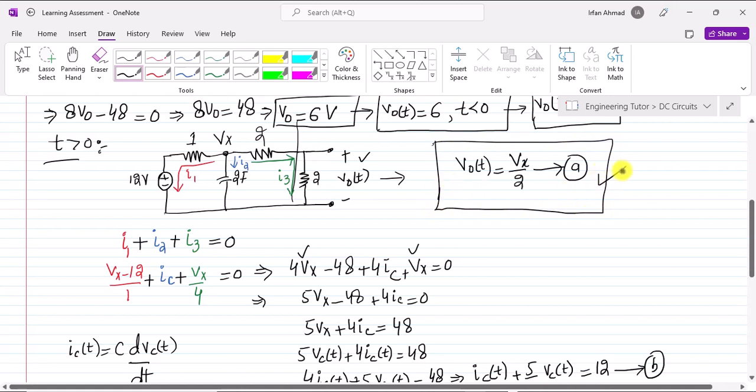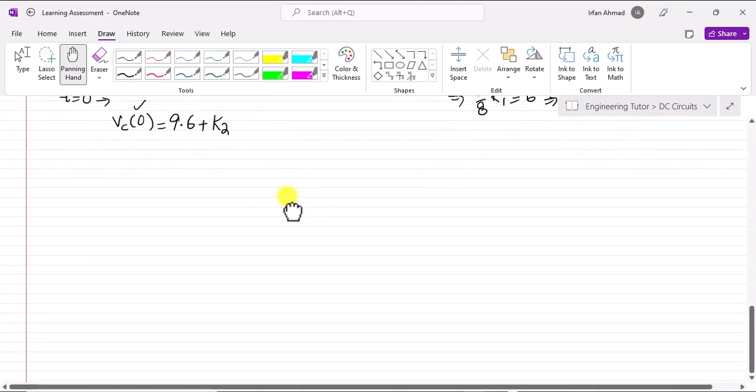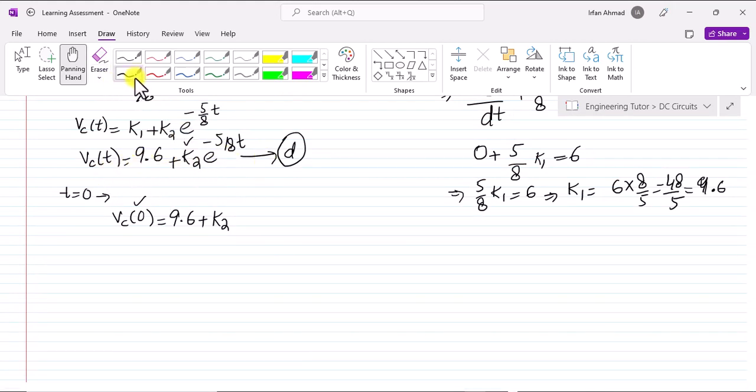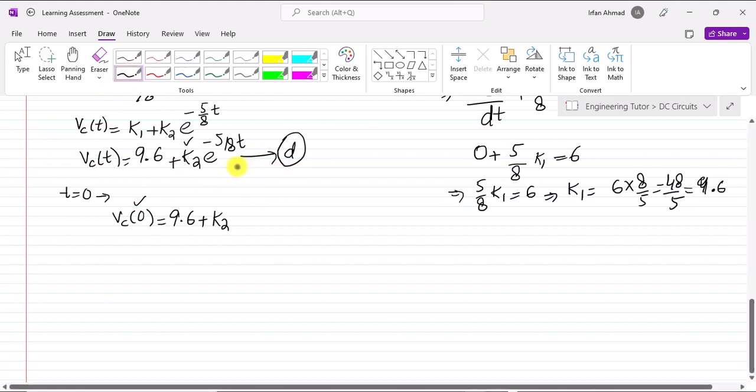Let me proceed in such a way as to make this equation that of V naught of t. In order to convert it into V naught of t, we can recall that the value of V naught of t is equal to VCT divided by 2.